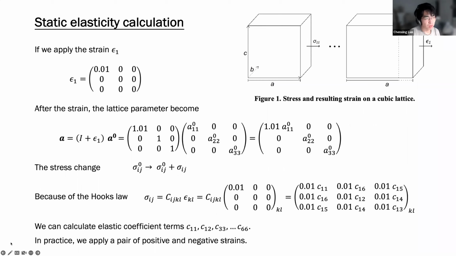And then we will obtain C11, C12, C13, and all these terms. And if we apply the strain from epsilon 1 to epsilon 2 and epsilon 3, we will obtain all the elastic coefficient terms. That is how we solve for these elastic coefficient tensors. And in practice, we apply a pair of positive and negative strains to make the calculation more accurate.